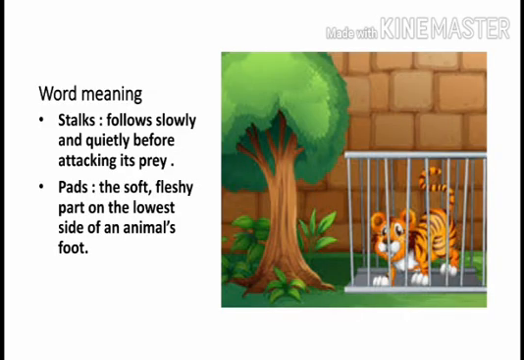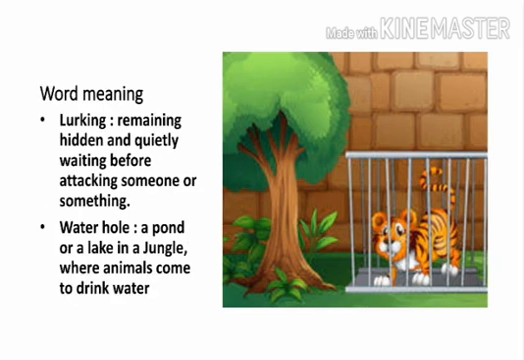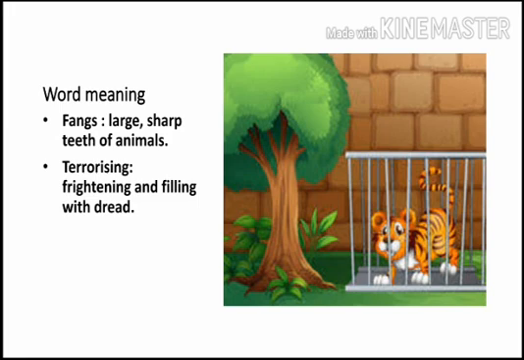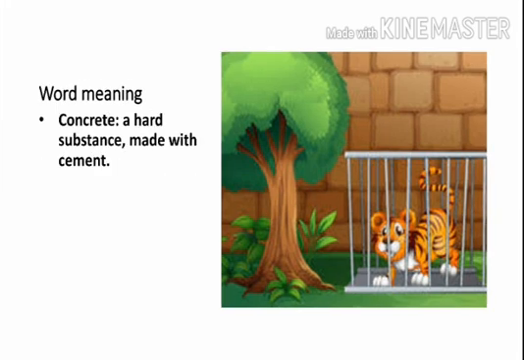Now, children, here are some word meanings which we have already discussed in the previous video. So, what you have to do, you have to write all the word meanings which have been given and learn them by heart.